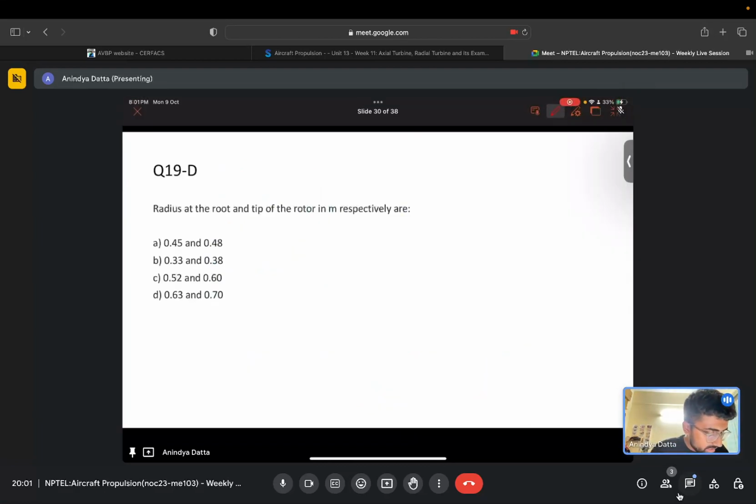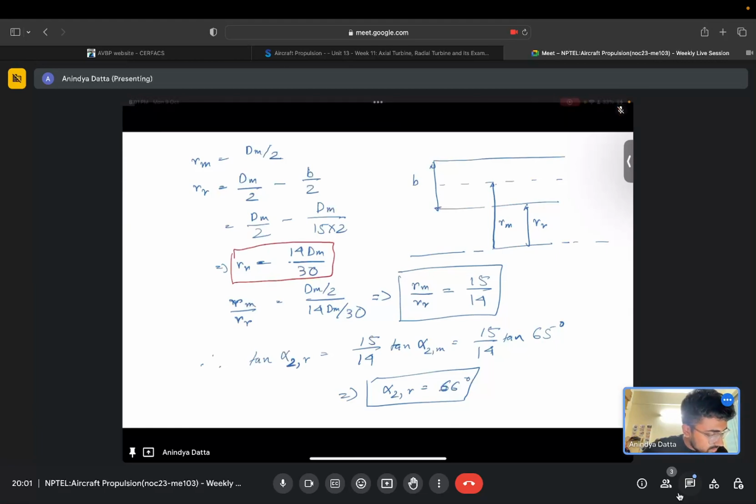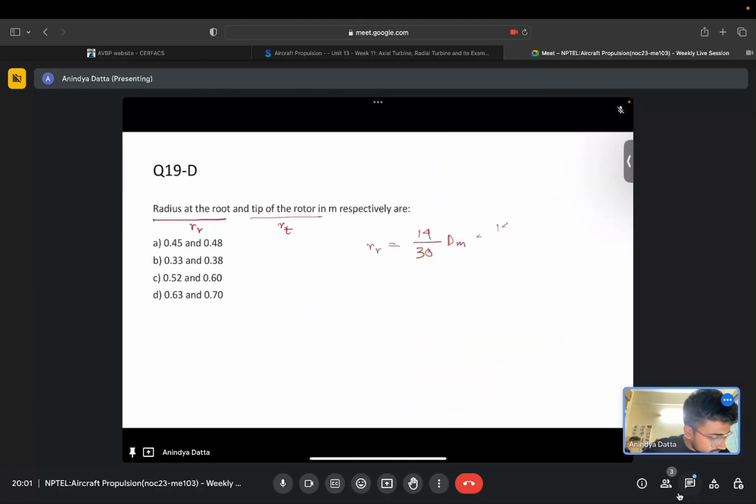Next, this is straightforward. We have to find out the radius at the root, which is RR, and the tip of the rotor, which is RT. RR we computed just before, that is 14 by 30 dm. RR is 14 dm by 30, and dm is 0.7, so RR will come out as 0.33 meter.